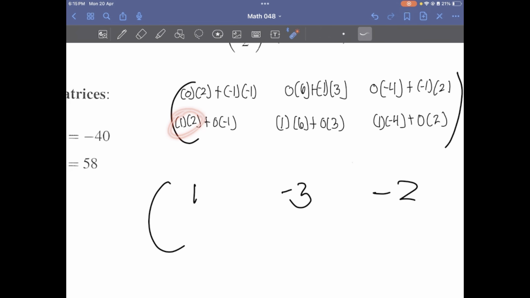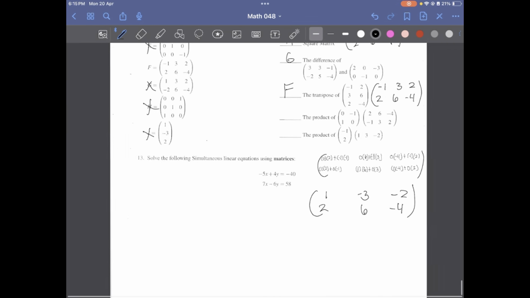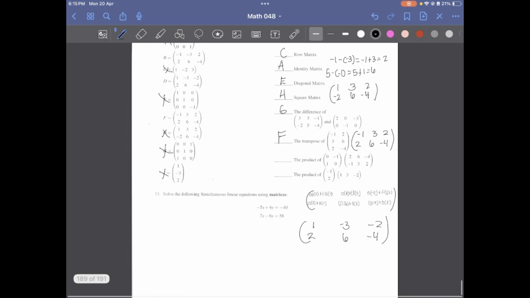There's 2, so it is 2 plus 0, which is just 2. 1 times 6 is 6, 6 plus 0 is just 6. Negative 4 plus 0 is just negative 4. So this would be our answer, 3 by 2. Okay, so that would be F.